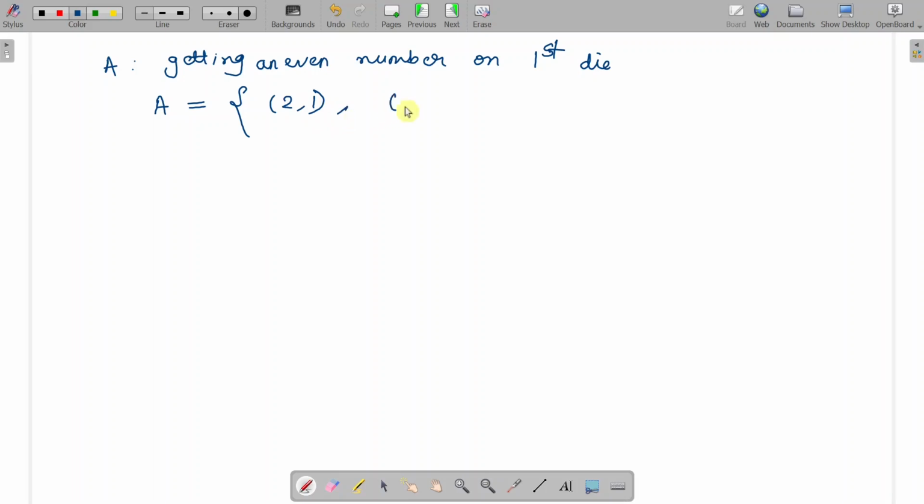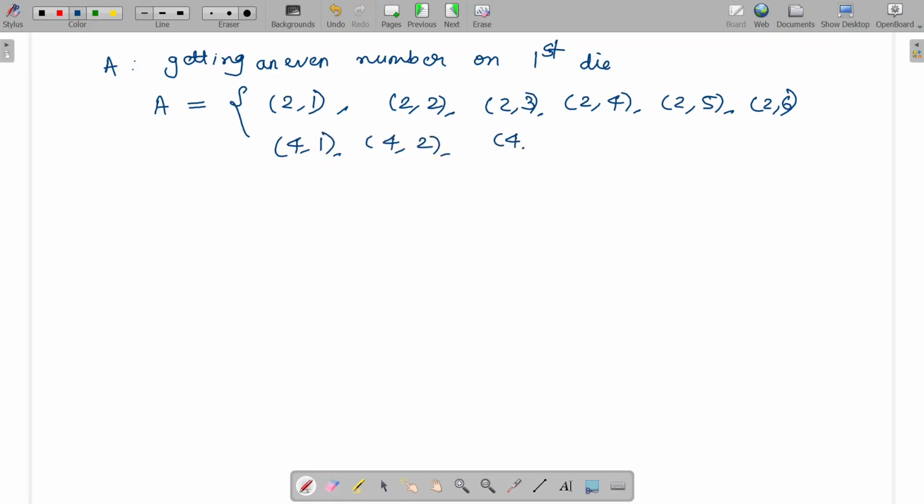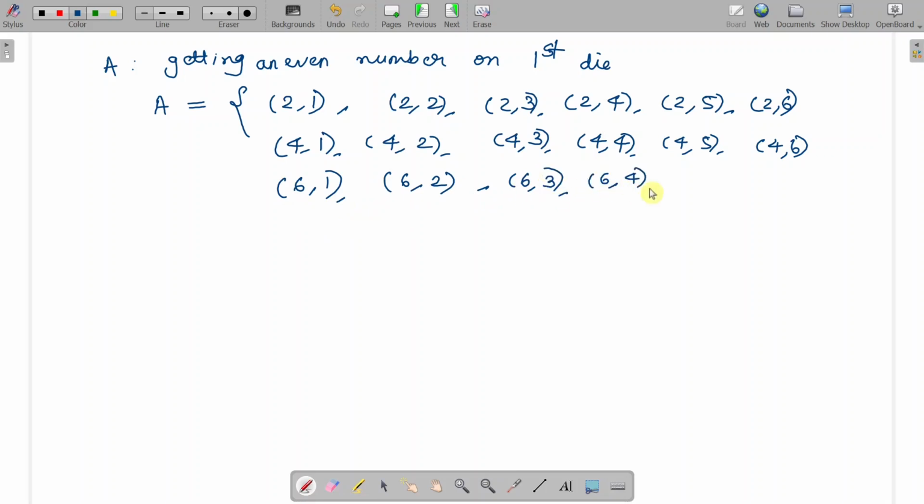So 2 comma 1, 2 comma 2, 2 comma 3, 2 comma 4, 2 comma 5, 2 comma 6, then again even number on the first die: 4 comma 1, 4 comma 2, 4 comma 3, 4 comma 4, 4 comma 5, 4 comma 6, then 6 comma 1, because 6 is even on the first die, 6 comma 2, 6 comma 3, 6 comma 4, 6 comma 5, 6 comma 6. Okay, this is the event A.